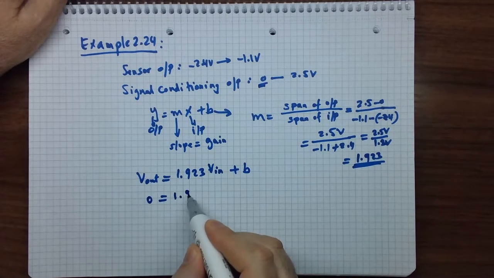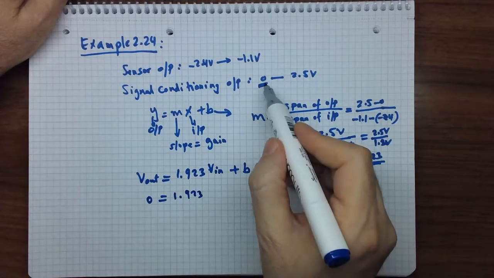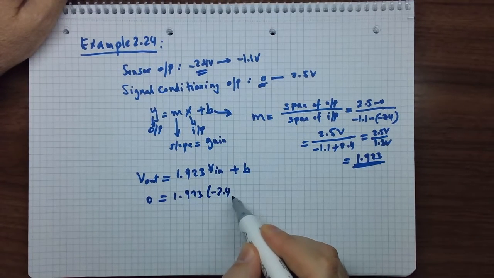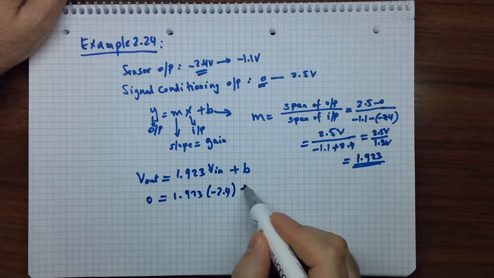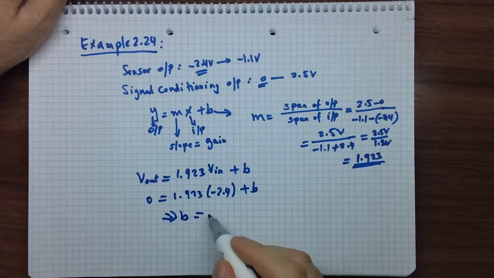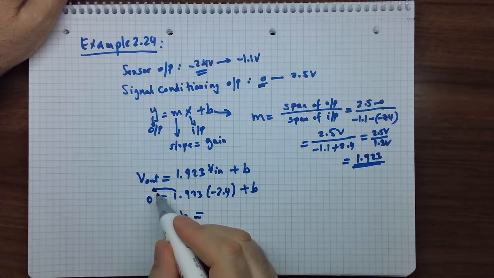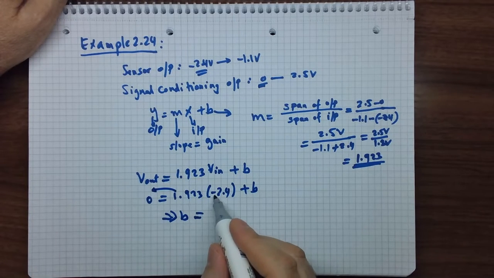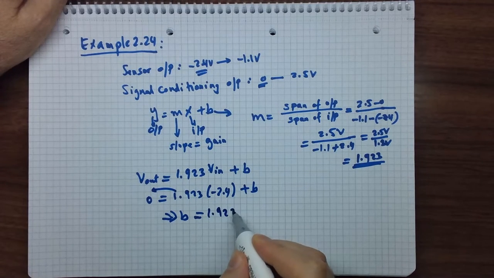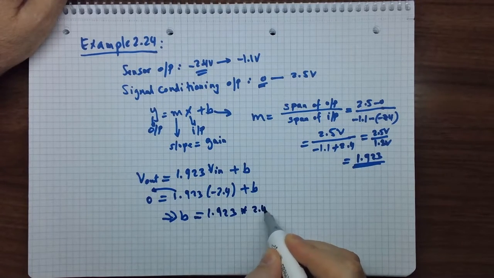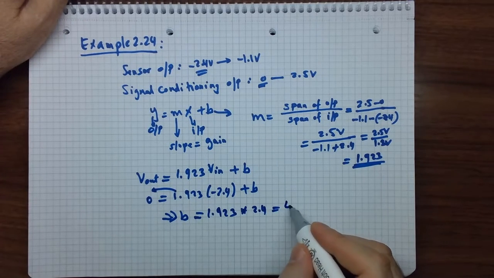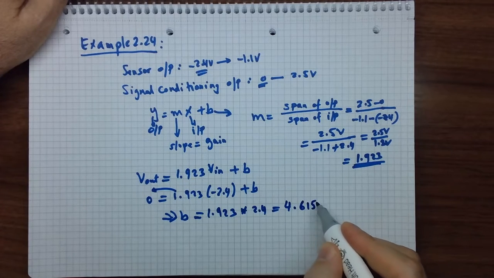equal to 1.923 times Vin, in this case minus 2.4, plus b. From this we can find b is equal to, bring this one to the other side of the equation, so it will become plus, this is minus 1.923 times 2.4, and this is equal to 4.615.